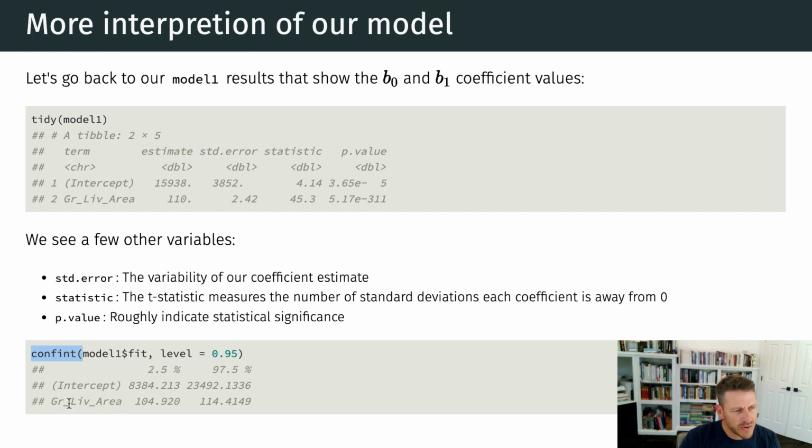And when we do this, we see that our coefficient estimate for the square footage predictor variable ranges from 104.9, so pretty much 105, to 114. All right, so this means that we can be 95% confident that the true coefficient is somewhere in this range, and we see that 0 is not in this range, right? So we can have very strong confidence that our coefficient estimate is statistically different than 0.